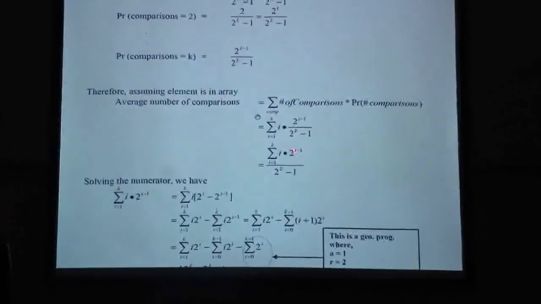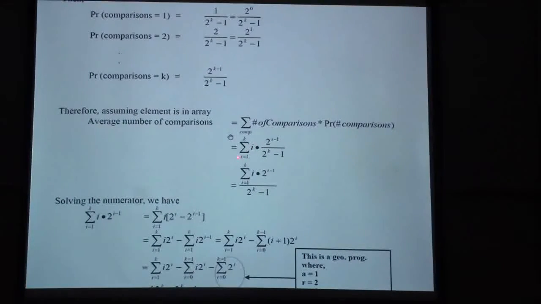So what we have is I, so when I is equal to 1, just think of it this way. When I is equal to 1, this is 1 times 2 to the, what's 1 minus 1? 2 to the 0 is 1, and this is 1 over n. This is just n, right? When I is equal to 2, what's 2 to the 2 minus 1? 2 over n.